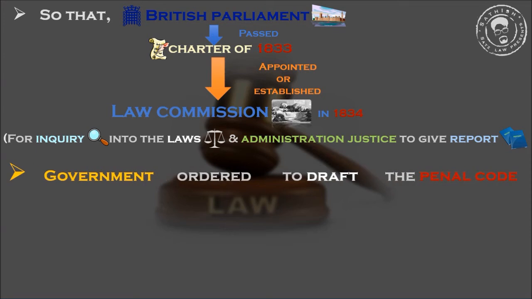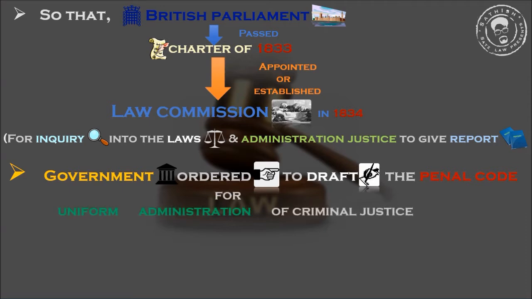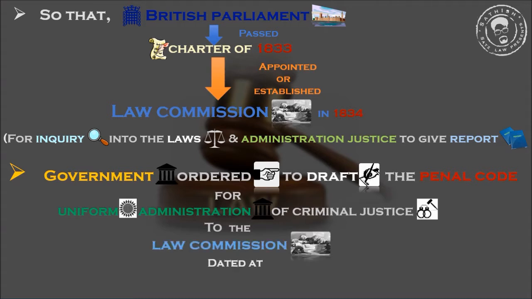At the same time, the government ordered the Law Commission to draft a uniform Penal Code for uniformity of criminal justice, on the 15th of June 1835.